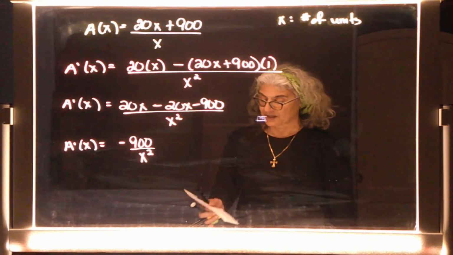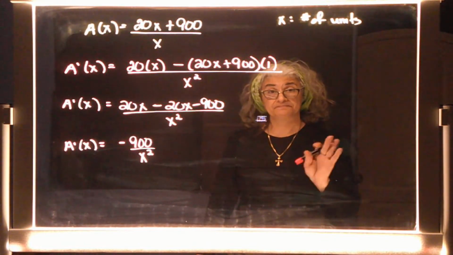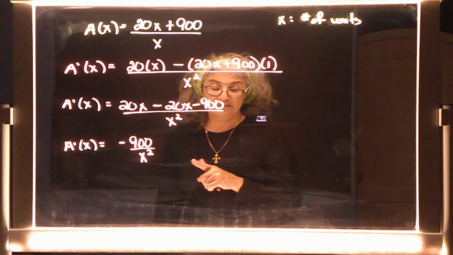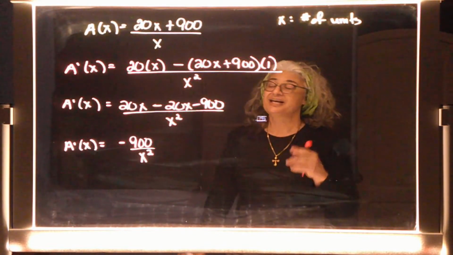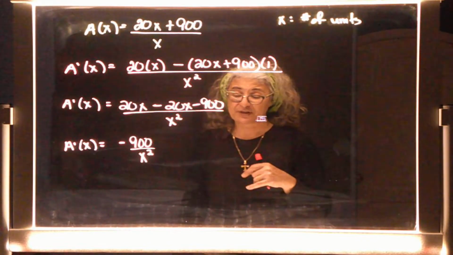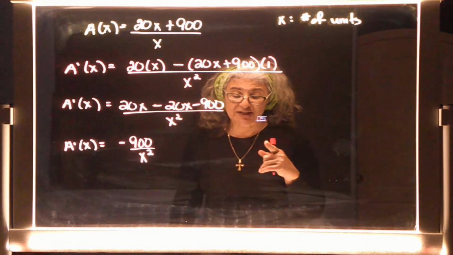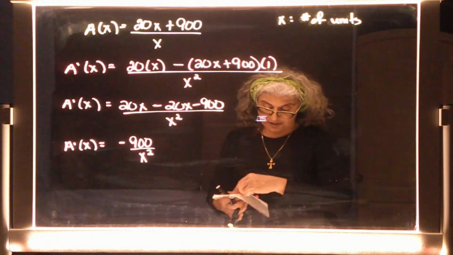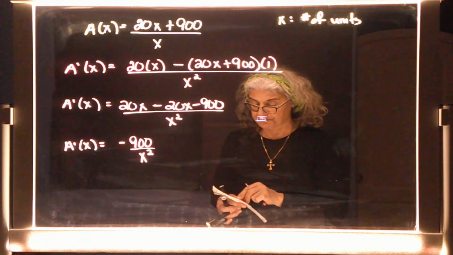Okay. Now, they asked us to use the first derivative to estimate the change. And by the way, when you're doing that change, that is the first derivative, right? In average cost, as production goes from 150 units to 151 units.